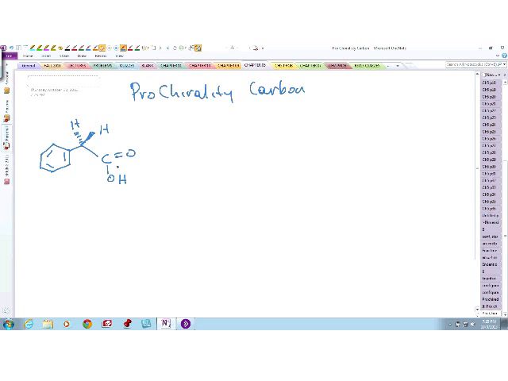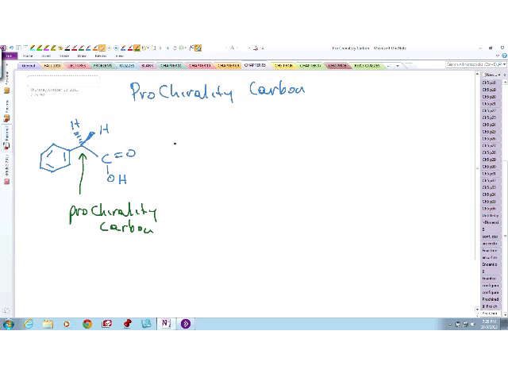Supposing we have this molecule. If we can perform one reaction that will replace any one of these hydrogens here, we are going to get a chirality carbon. Okay, so this carbon here is a pro-chirality carbon.